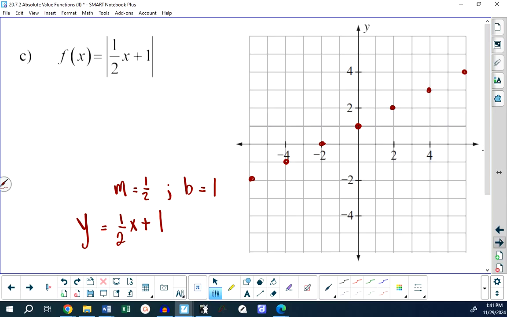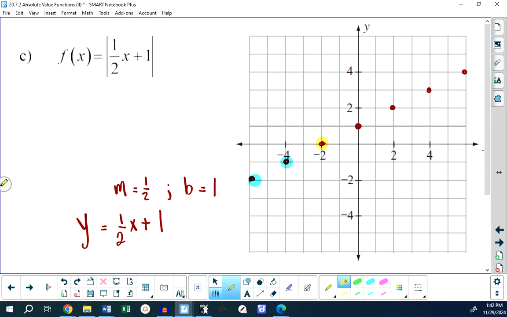Looking at those points, will this point stay the same when we take the absolute value? No, it'll move, right? Because it's below. Will this point? It'll move. Will this one move? No. That means when x is greater than or equal to -2, the function doesn't need the absolute value signs.